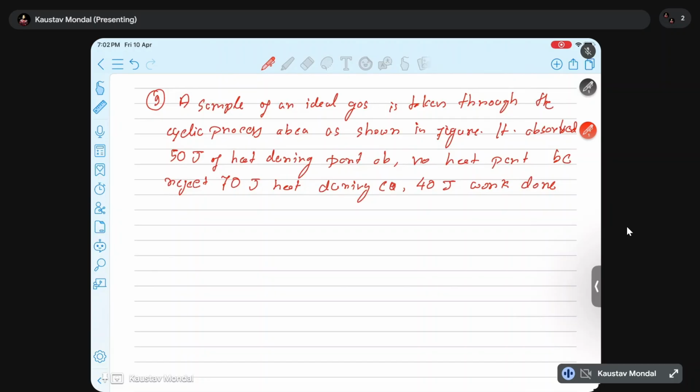Okay, so during BC, although there is no heat transfer involved, the system is doing some work, 40 joule of work during BC.